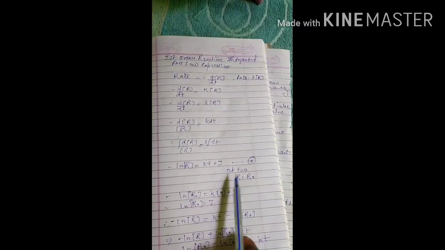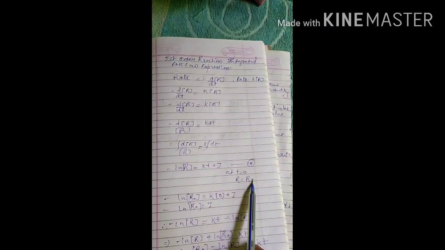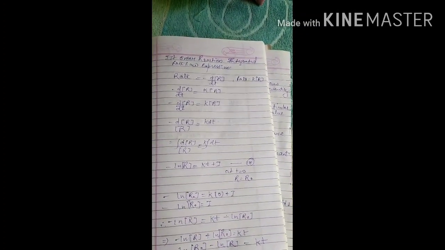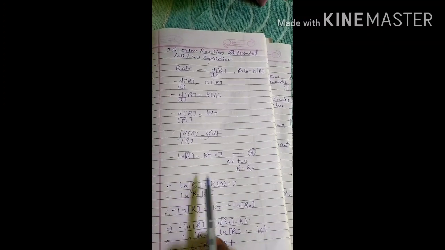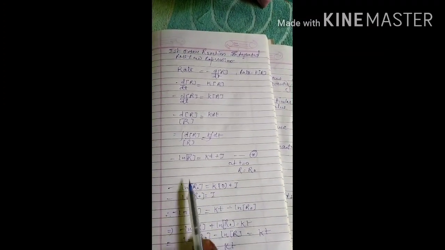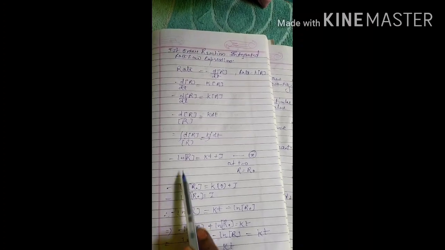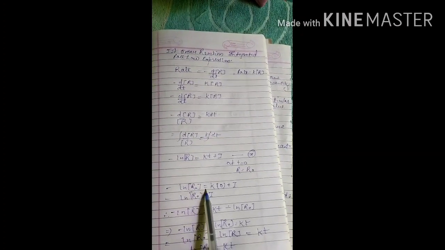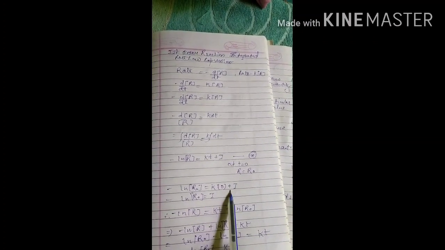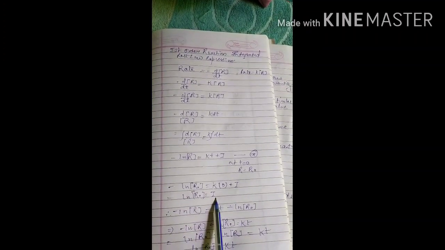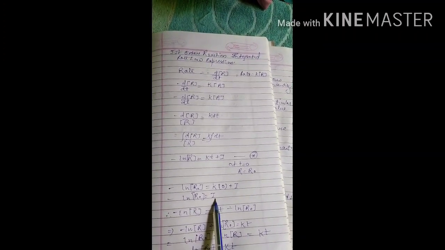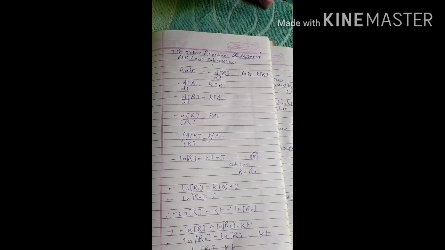Now at t equals 0, R becomes R naught. So finally we put this value: natural log R naught equals K of 0 plus I, and finally we have the value of the integration constant as minus ln R naught.